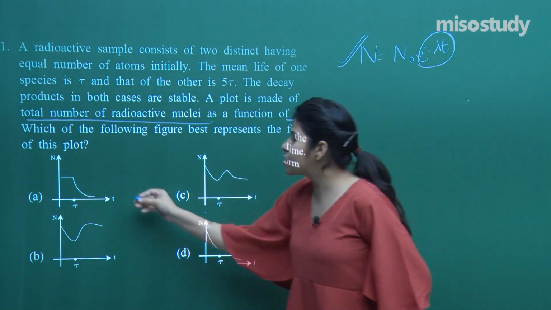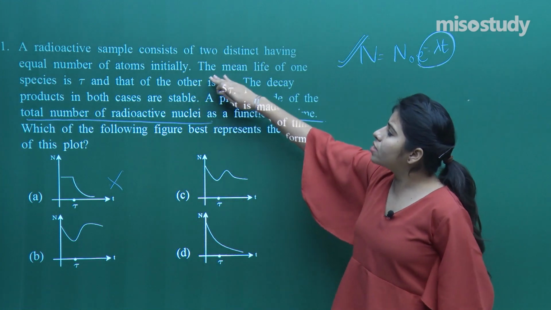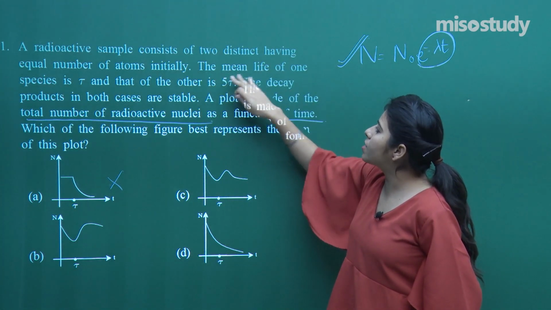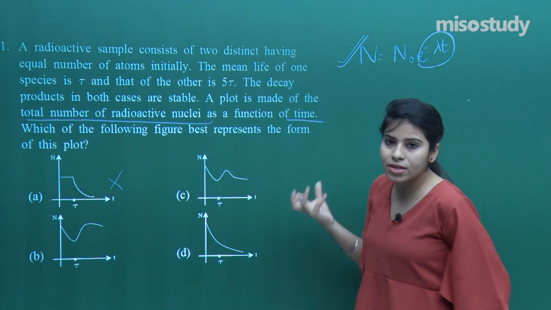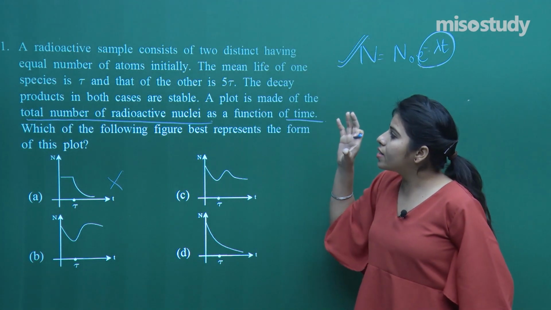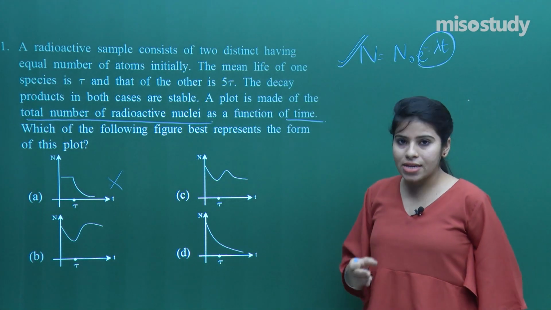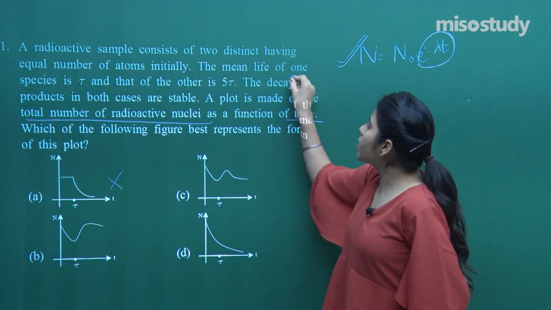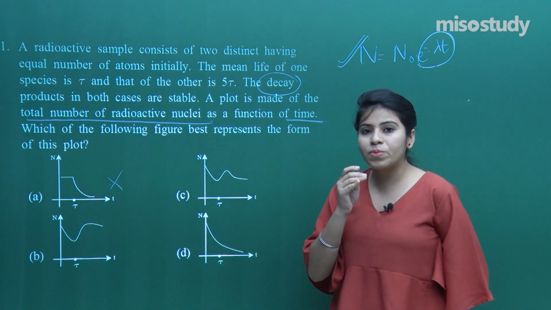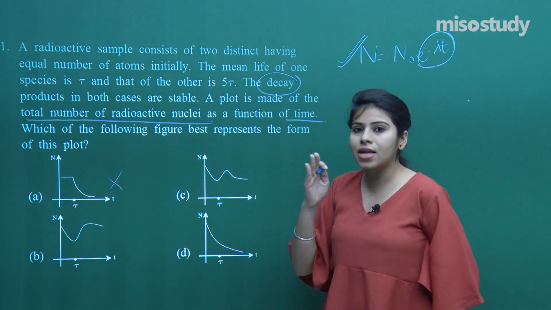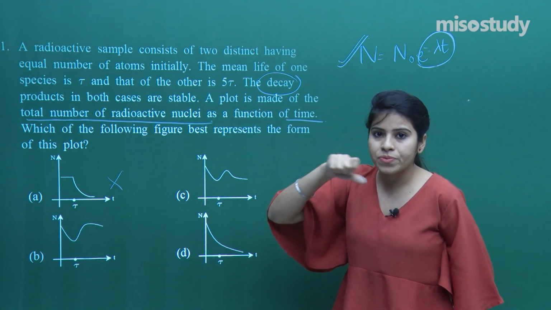In the question we have been given that the mean life of one species is tau and that of the other is 5 tau, and the decay products in both the cases are stable. If we are talking about decay products, then the radioactive species is definitely going to decay.